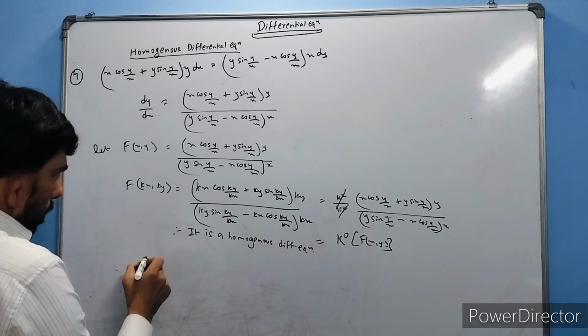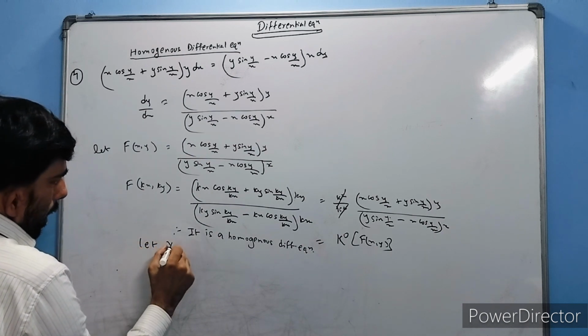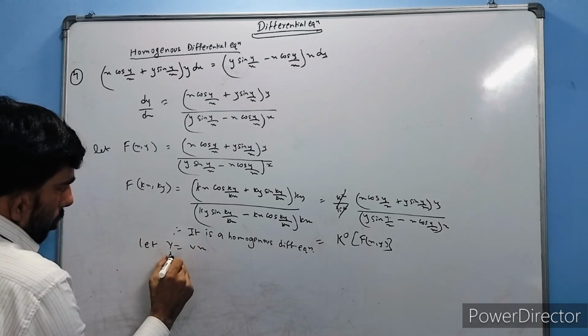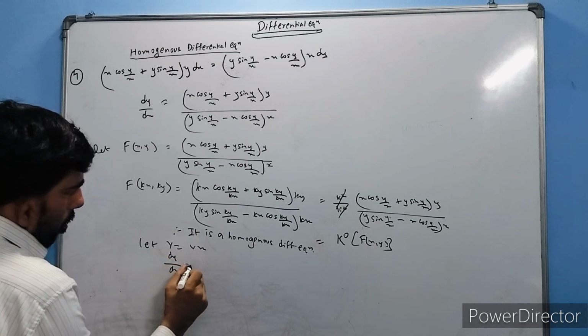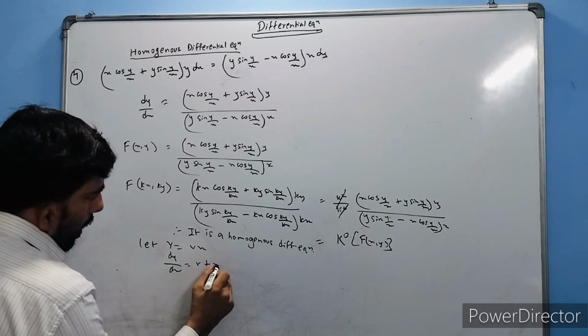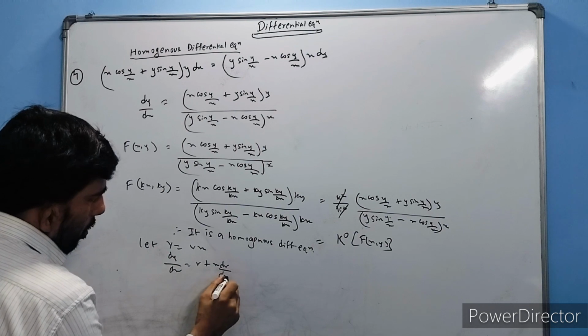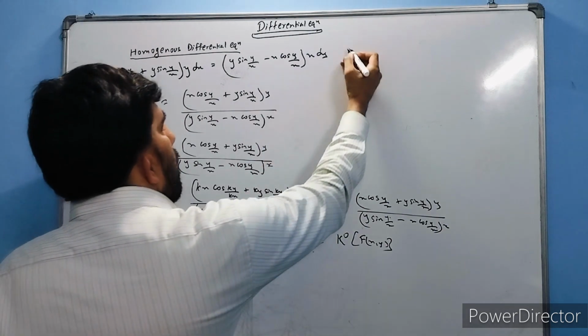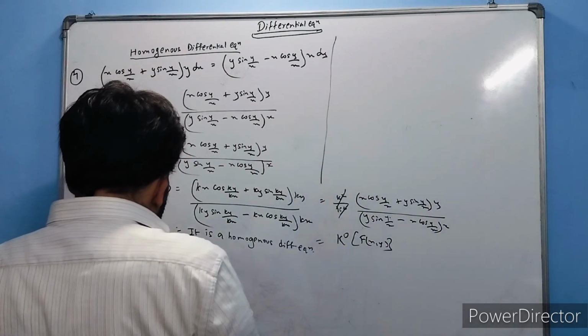What we will do, let y = vx, so differentiating it, we get v + x dv/dx. Now we'll try to put a value here. So let us try to solve here dy/dx.